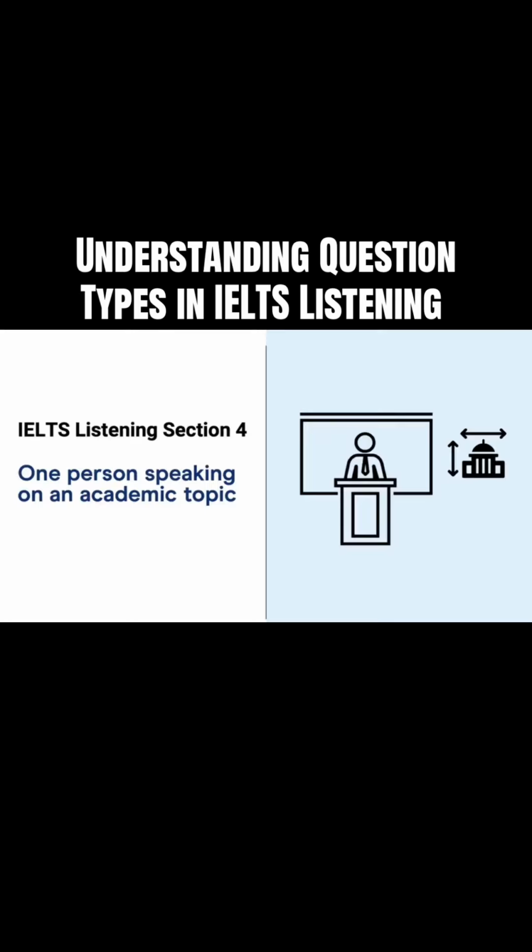In Section 4, you'll hear one person speaking on an academic topic. For example, maybe he or she will talk about architecture, or biology, or technology. Don't worry, you don't need to be an expert in any of these academic topics. However, by Section 4, the vocabulary is definitely getting a little more complex.